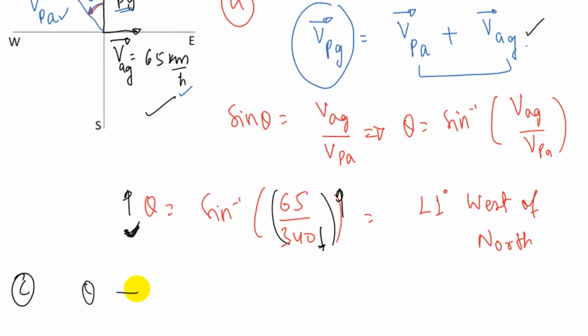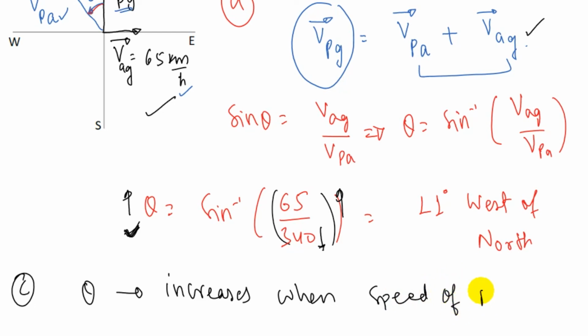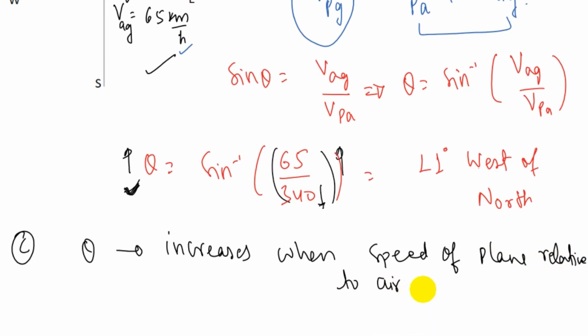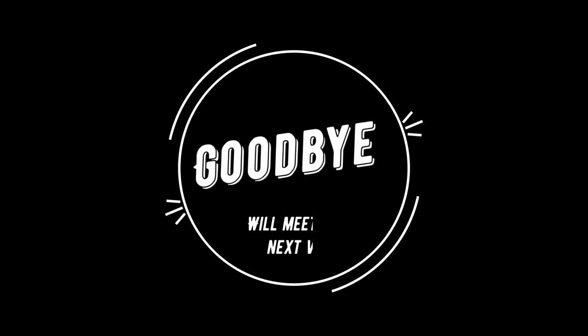Therefore, theta increases when the speed decreases, and this speed is the speed of the plane relative to air. So if this decreases, theta should increase.